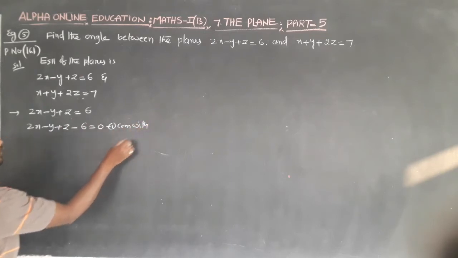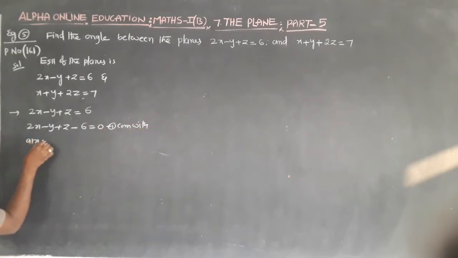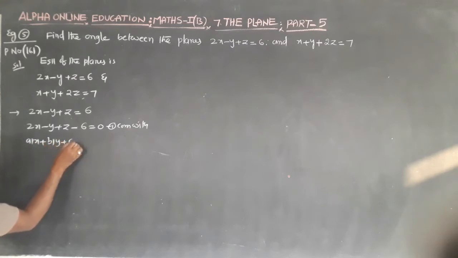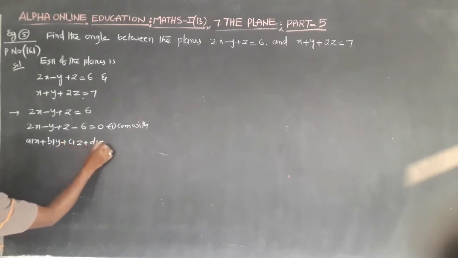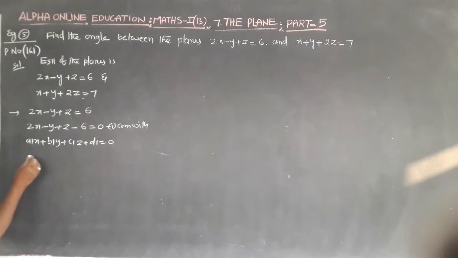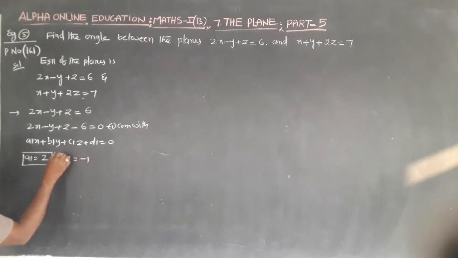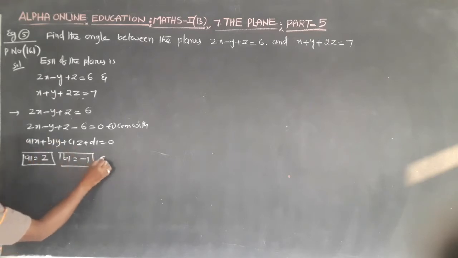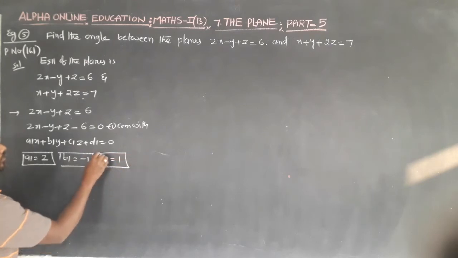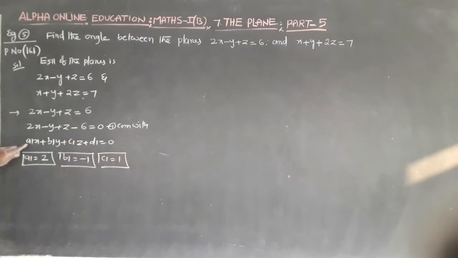Comparing with the first plane a1x plus b1y plus c1z plus d1 is equal to 0. Here a1 is equal to 2, b1 is equal to minus 1, c1 is equal to 1. a1 x coefficient 2, y coefficient b1 minus 1, z coefficient c1 is equal to 1.